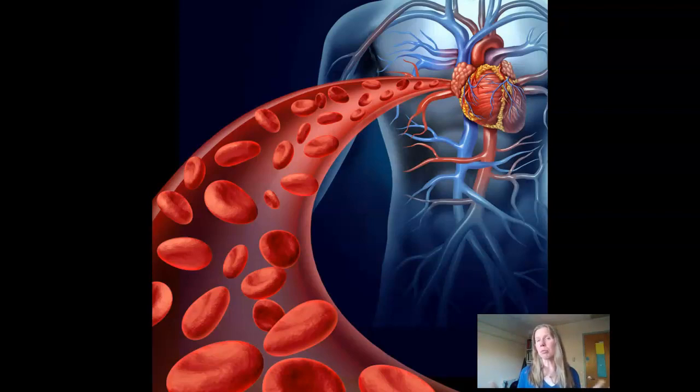The temperature of blood is around 100 degrees. And this goes back to some of the things you talked about in Gen Bio. Water is really good at buffering changes in temperature.